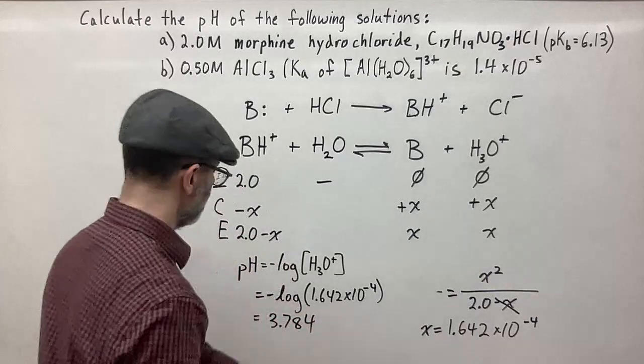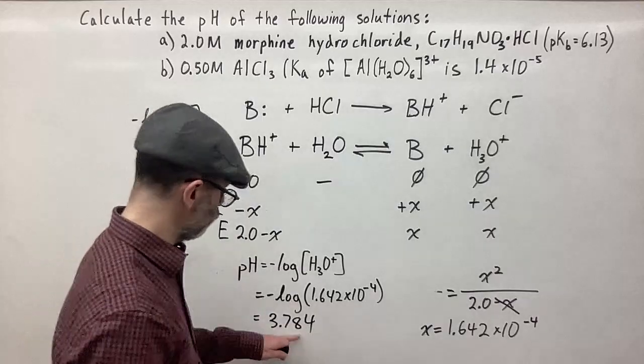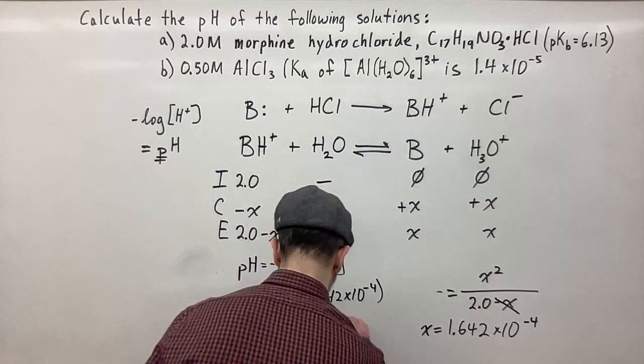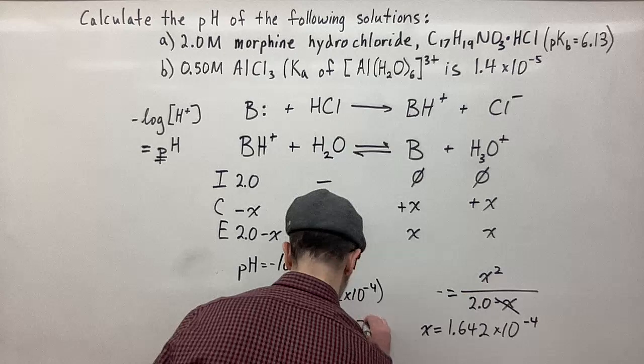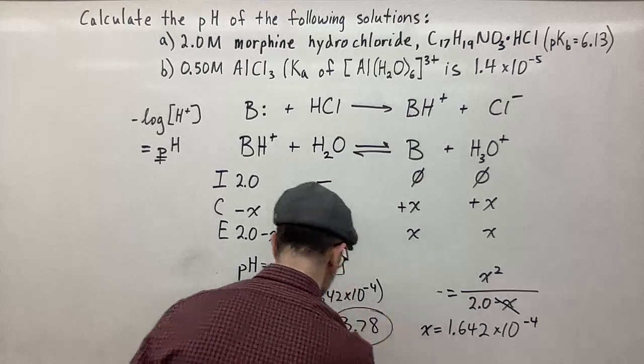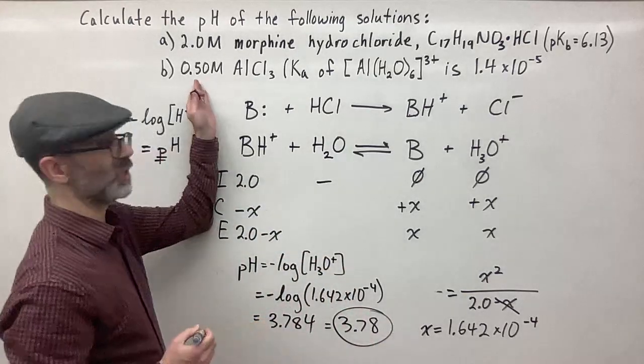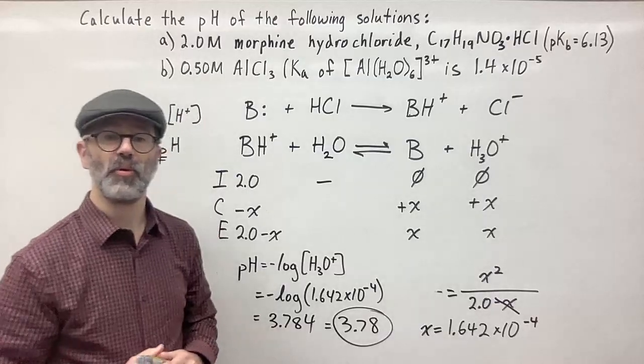If we limit our answer to 2 decimal places, we can round that to 3.78. So the pH of the solution in part A is 3.78.